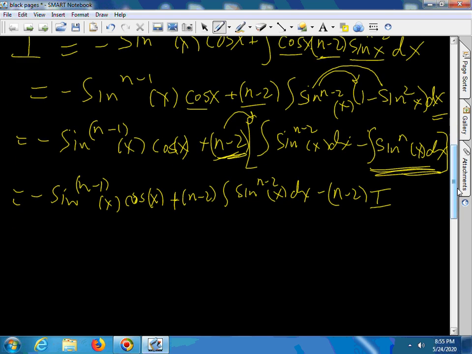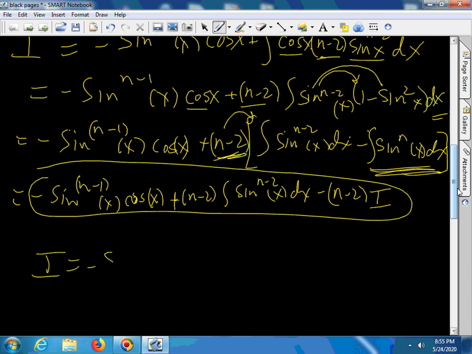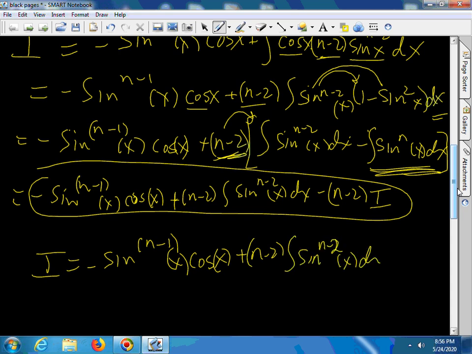So I have I is equal to negative the sine of n minus 1 cosine of x plus n minus 2 times some integral dx. And I have another multiple of I, except as it says right here, I'm supposed to be subtracting.